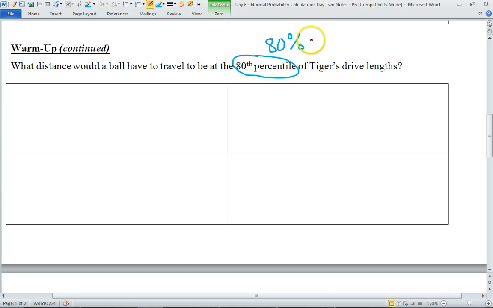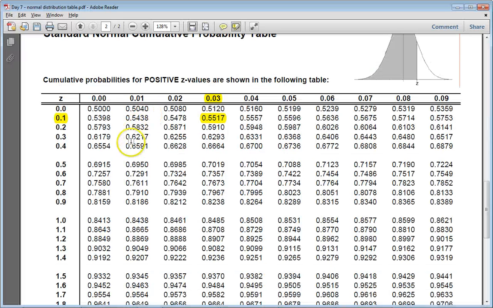What would 80% be as a decimal? 80% as a decimal is 0.8, or I could even say 0.8000. So let's find that on the chart. 0.8000. Let's come as close to it as we can.